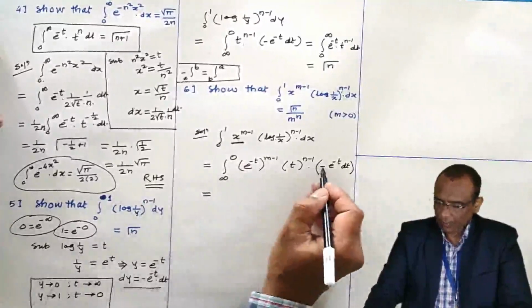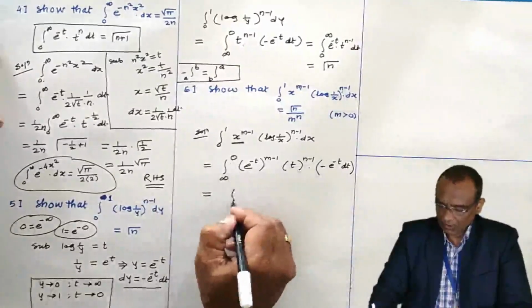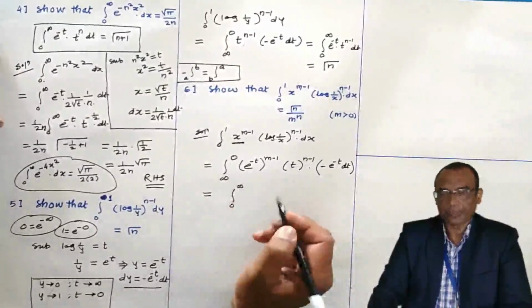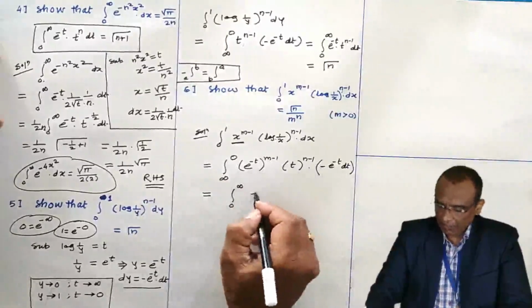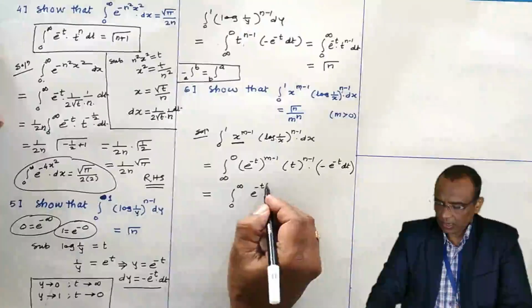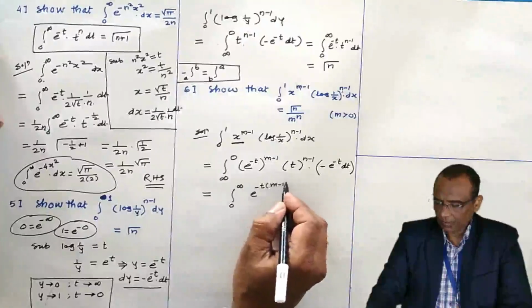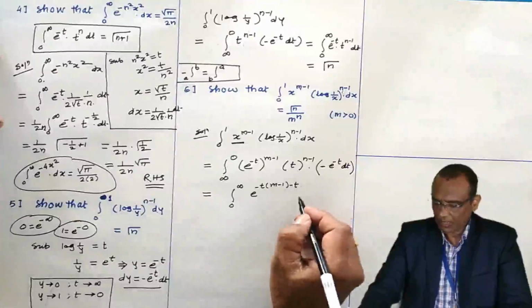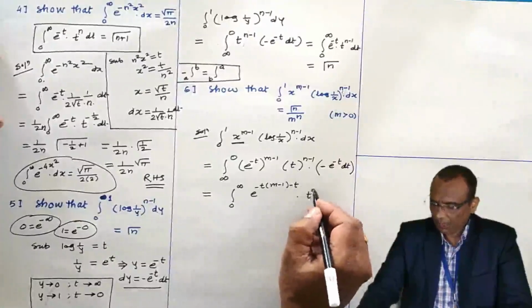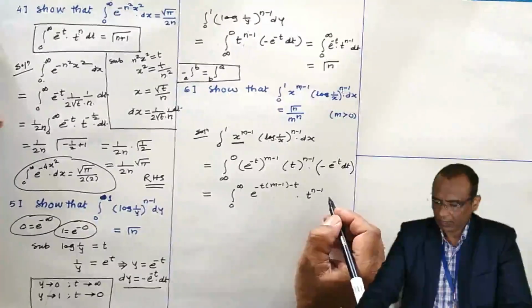Now, minus infinity to 0 can be written as, I am going to reverse this. This minus sign is compensated. E power minus t and minus 1. E power minus t here by law of indices directly written. T power n minus 1 dt.